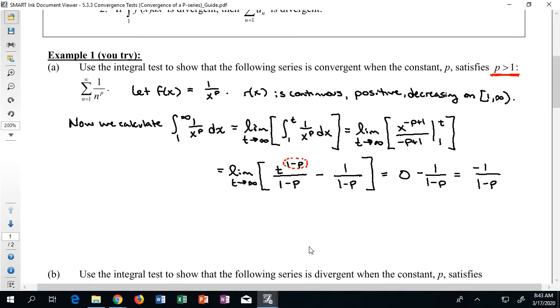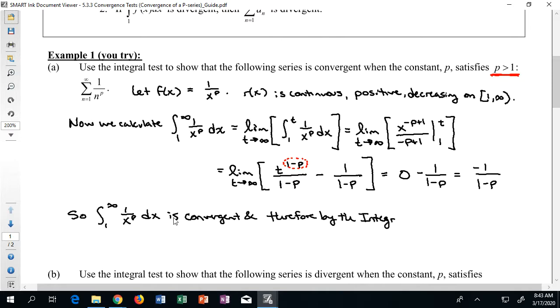This, of course, means that our integral is convergent, and therefore by the integral test, the series 1 over n to the p converges.